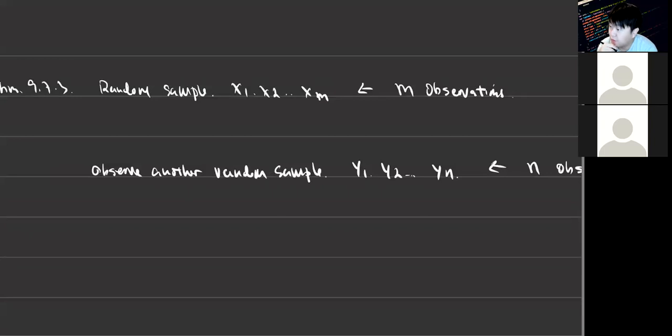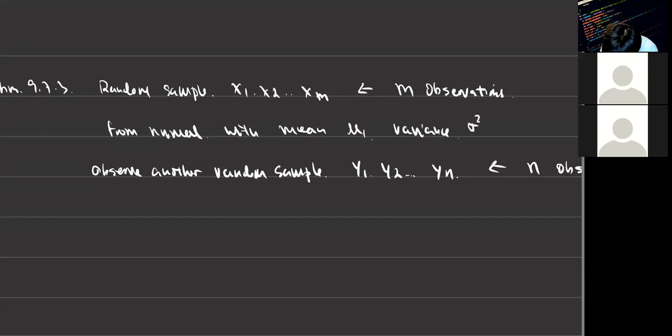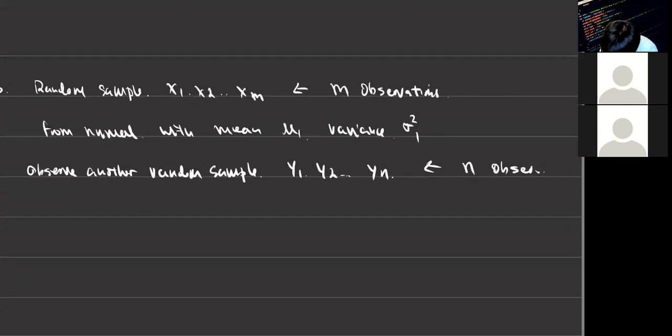And then for the first sequence, let's say it's from a normal distribution. Normal has two parameters, right? Mean and variance. So we're going to say with mean mu1 and variance sigma 1, and let's say this is unknown.